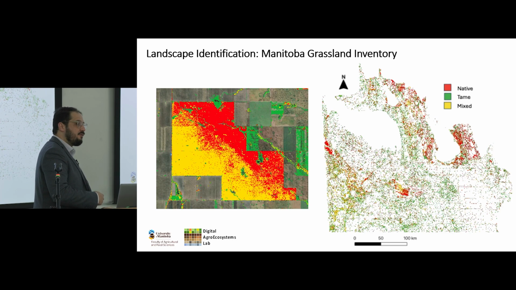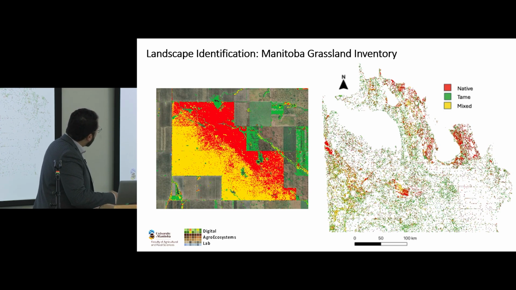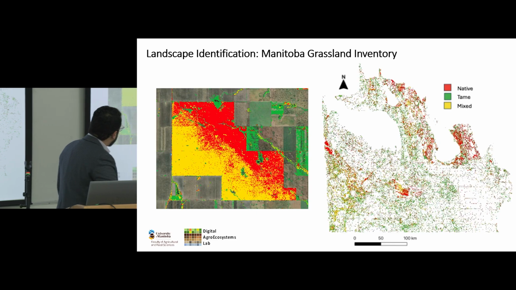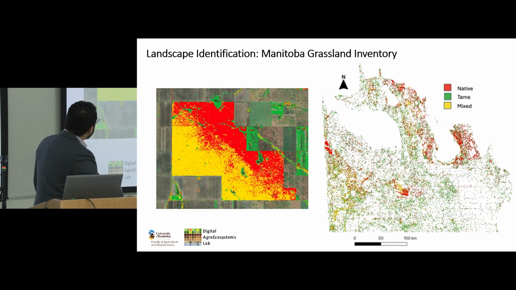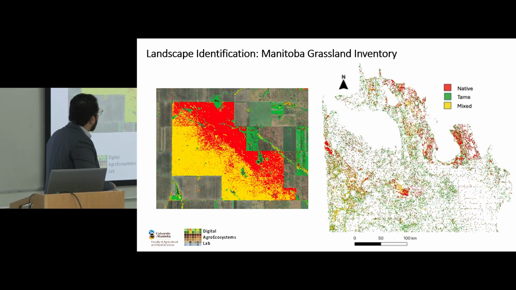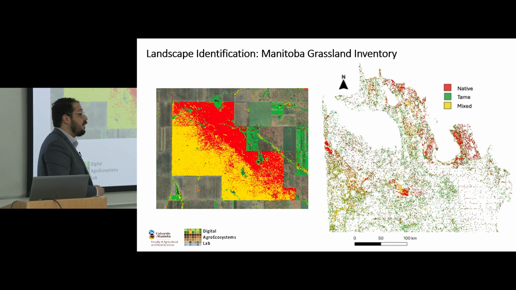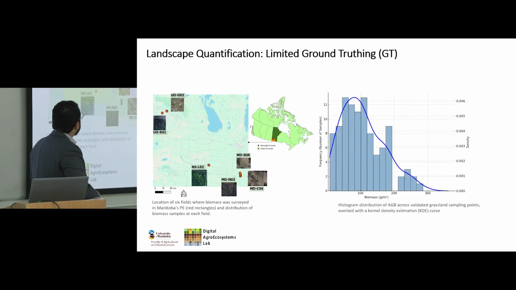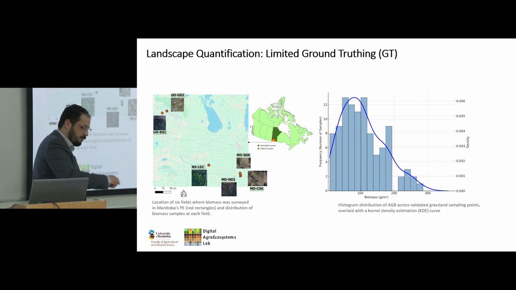Imagine with me if you have this over the years and you could see the dynamics over that front. Sometimes it's because of the prevailing wind direction or some agriculture activity that pushes further those kinds of mixed grassland. There are a lot of insights we can generate from those multi-temporal maps.